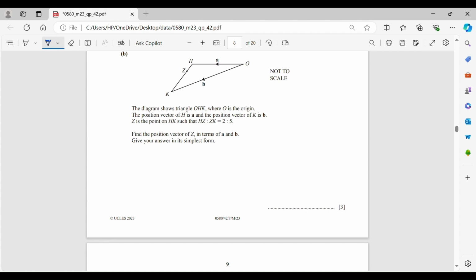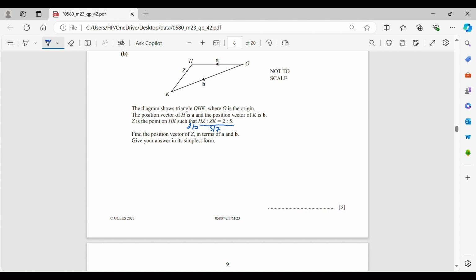Find the position vector of Z in terms of a and b. Give your answer in simplest form. So for this, we have been given the ratio of HZ and ZK, that is 2:5. That means HZ is 2/7 and ZK is 5/7.